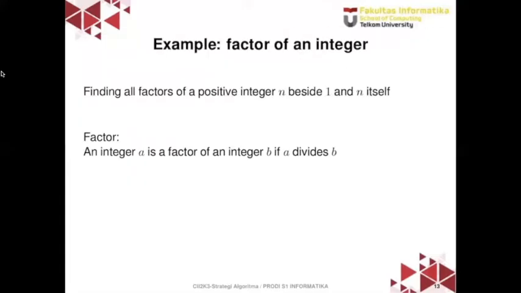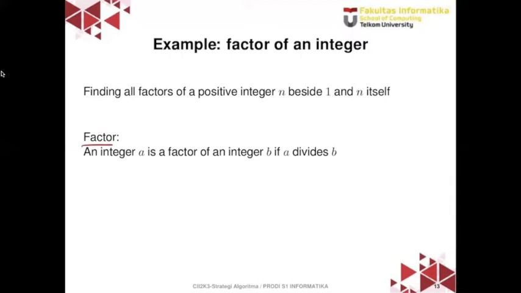Another example is to find a factor of an integer. So we want to find all factors of a positive integer n besides 1 and itself. A factor itself is defined like this.